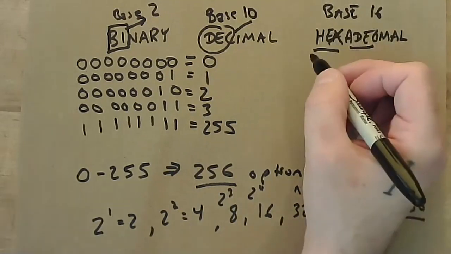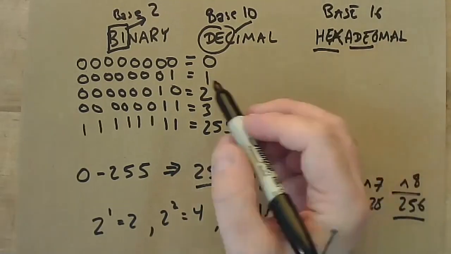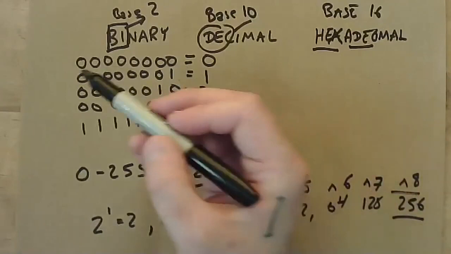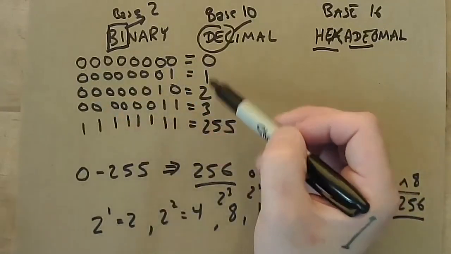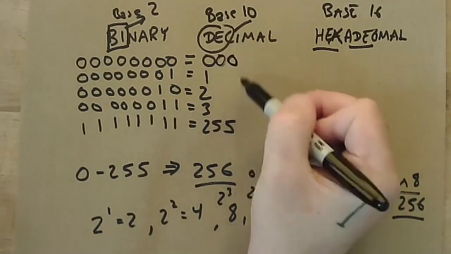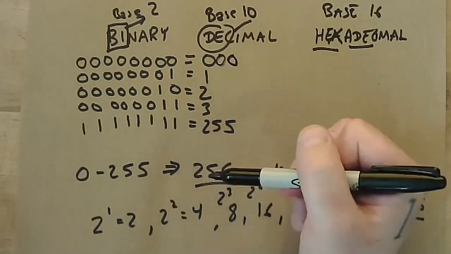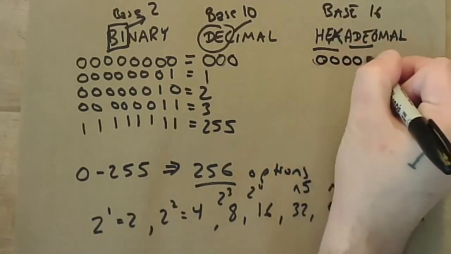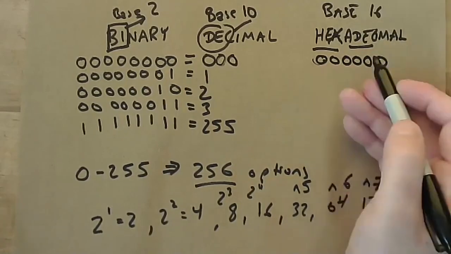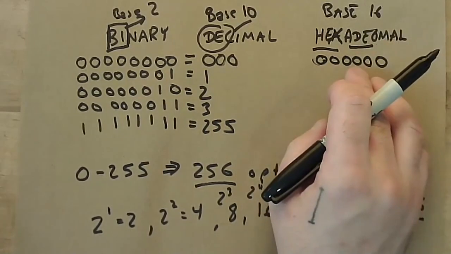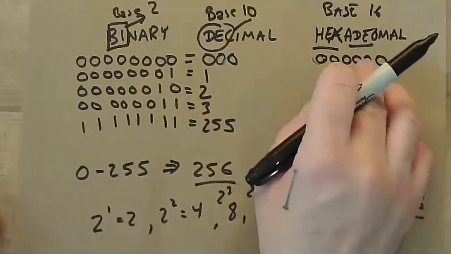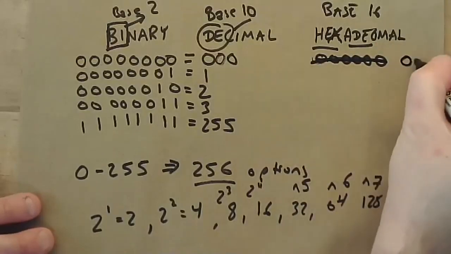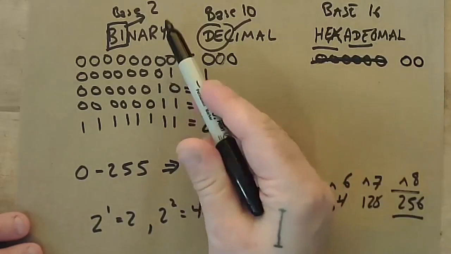So in hexadecimal, to represent an 8-bit number, we don't need 8 digits, and we don't need 3 digits like for decimal. Hexadecimal just needs 2 digits to represent an 8-bit number.